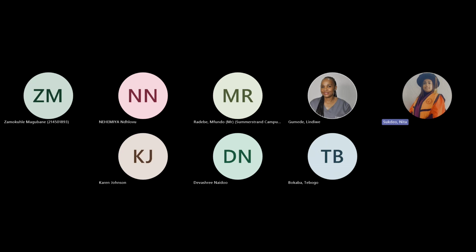Mfundo and then Lindiwe. Thank you, Prof. My question is about the assignment submission slots. When I click on the assignment submission slot, it takes me to the assessment, where there is Turnitin, assignment 1 and assignment 2. So I was wondering if we only put it on Turnitin and don't put it on the submission slot, like in other modules.